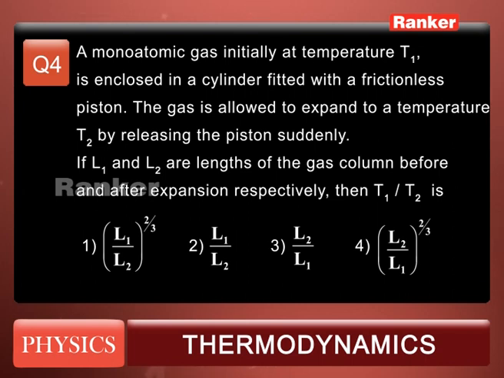The first option: (L1 by L2) to the power 2/3. Second option: L1 by L2. Third option: L2 by L1. And the fourth option: (L2 by L1) to the power 2 by 3.